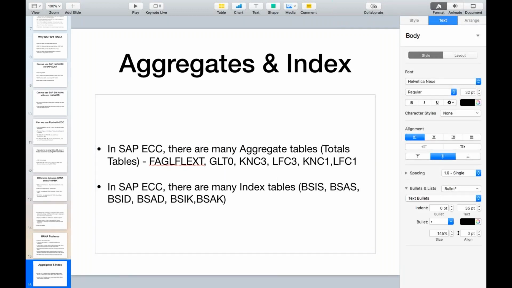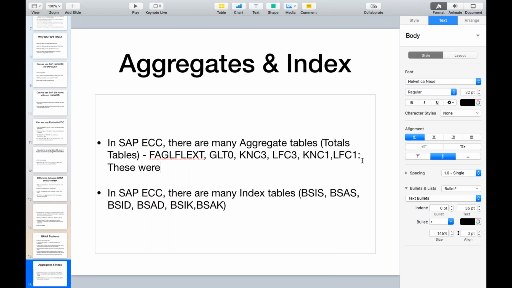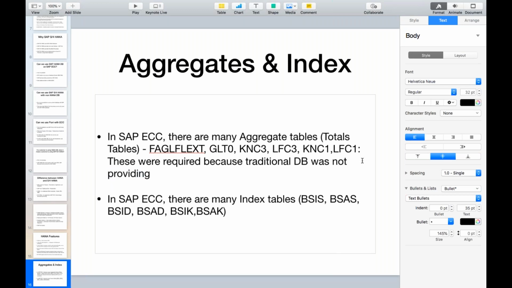Okay, so let me write it here. Why? In SAP ECC, there are many aggregate tables, which are also called totals tables. Why were they required? These were required because the traditional DB was not providing a calculation engine, or it had a calculation engine, but it was not a powerful one.